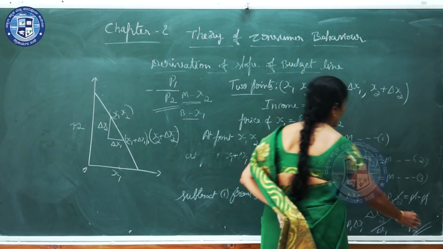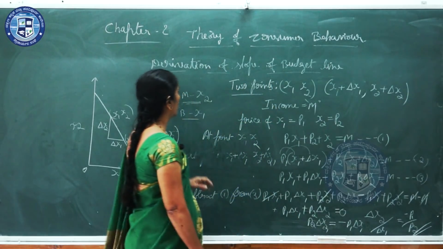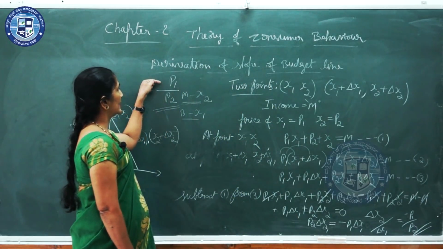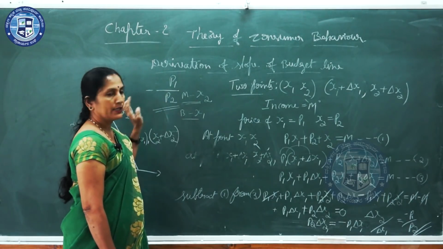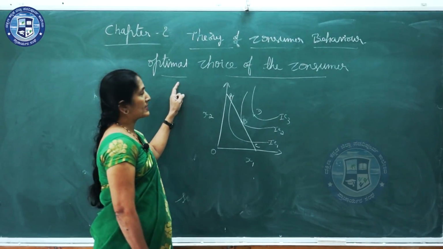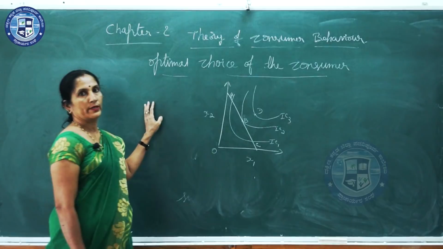So this is the slope of the budget line. I think you got the point how we got the negative slope of the budget line, minus P1 divided by P2.